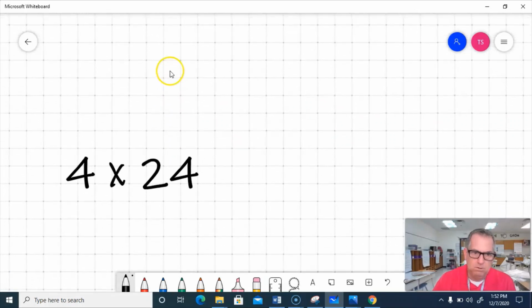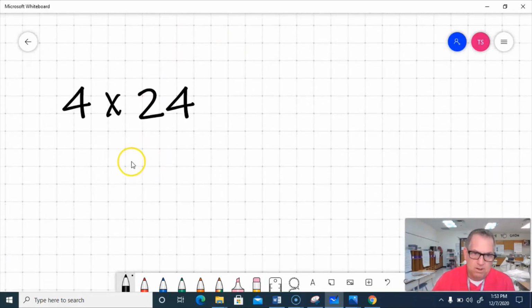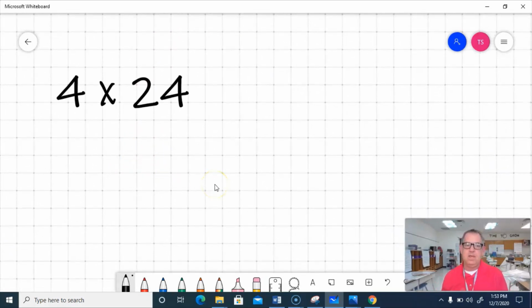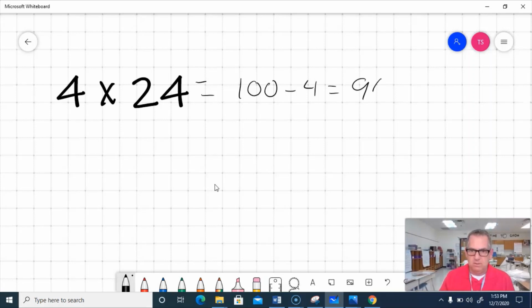And one just a little bit more difficult here. I got 4 times 24. And I can think about money still. I know 4 times 25, 4 quarters, is $1. So I could say 4 times 24 would be equal to 100 minus one group of 4, which would equal 96.